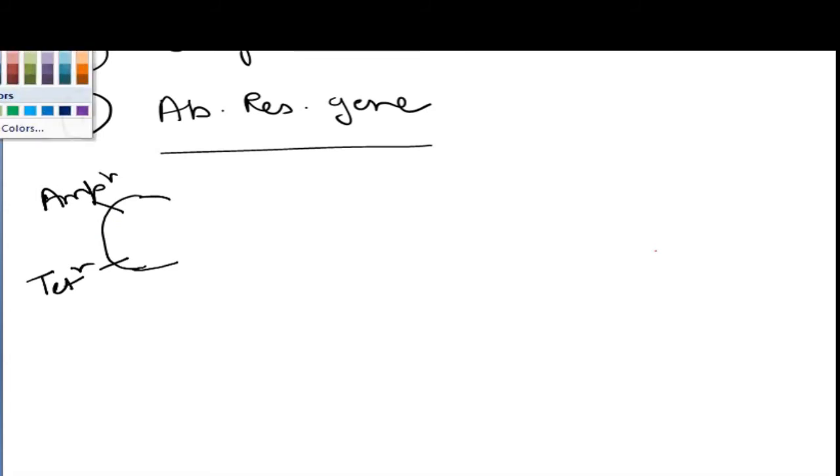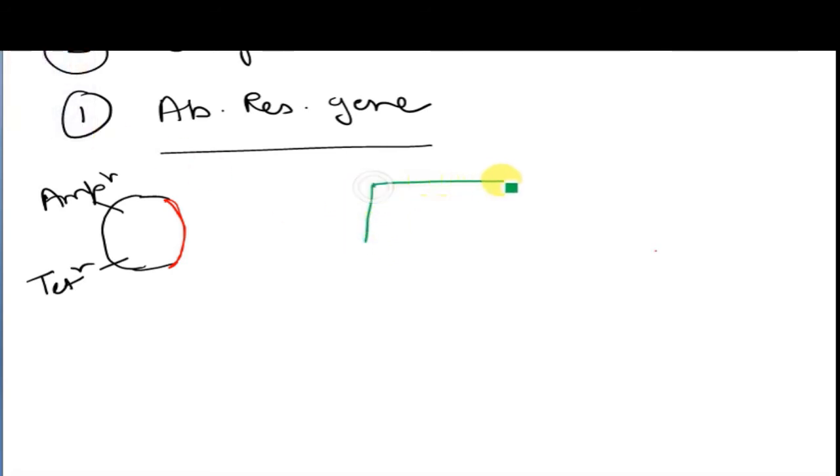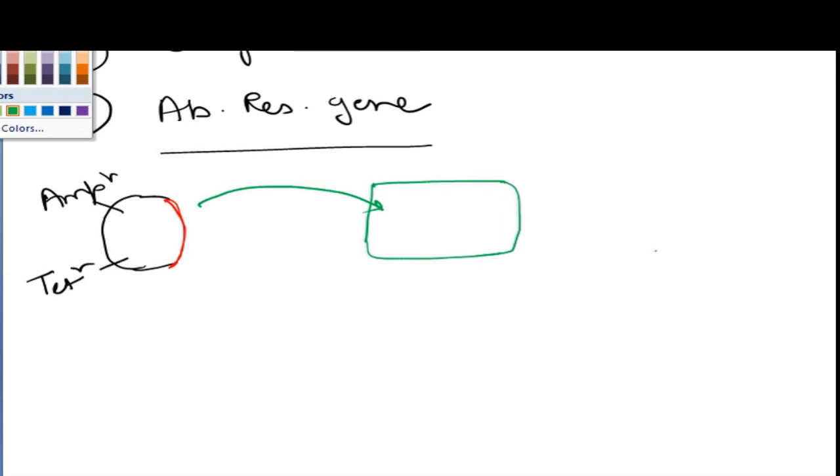Now you also have your gene of interest over here. Now when you make this recombinant DNA enter into the E. coli, suppose this is the E. coli cell, and you make this recombinant DNA enter inside this E. coli, just like this.